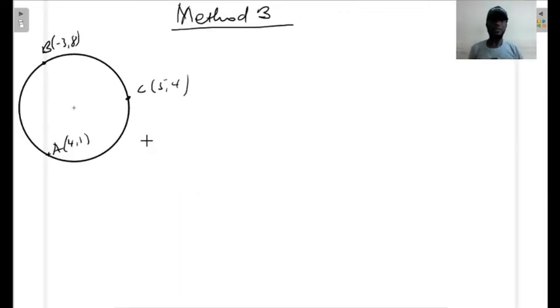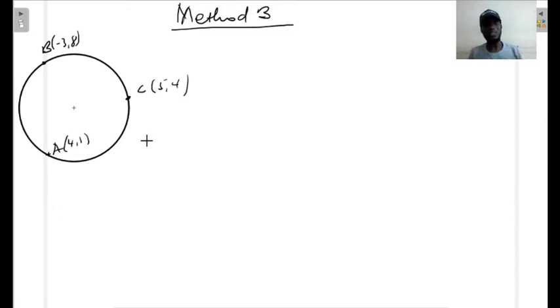So method 3 is going to use an idea that we can remember from geometric construction, which we use to do a circumscribed circle, which is to construct a circle to pass through the 3 vertices of a triangle. I'm going to use that idea to explain.